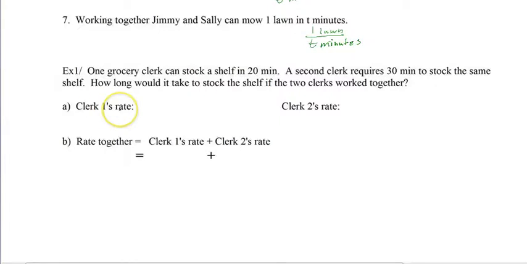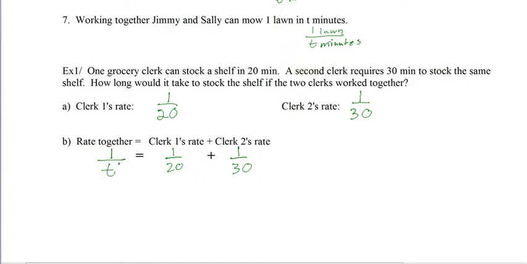You have clerk 1's rate. He does one shelf every 20 minutes. Clerk 2 does one shelf every 30 minutes. So we know if we add these two together, they're going to get some rate together. And what we're looking for is how long it will take them to stock one shelf.